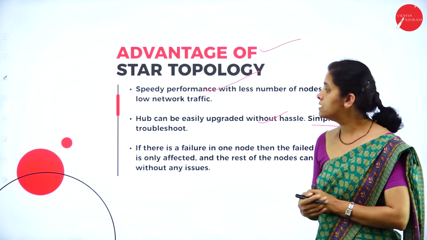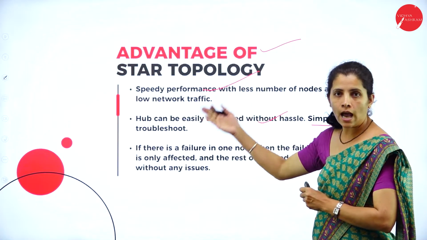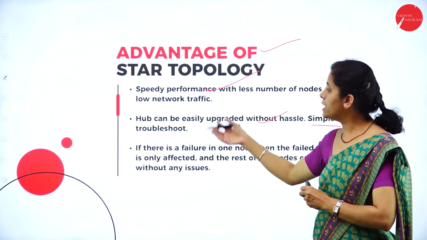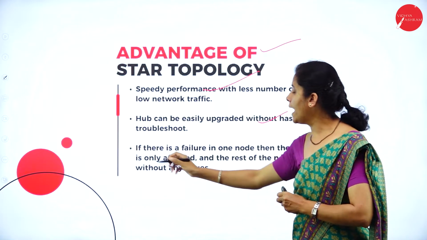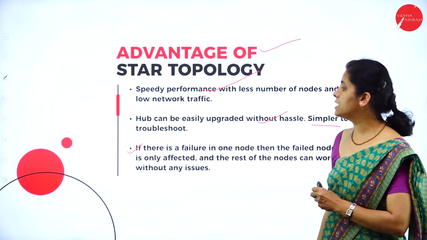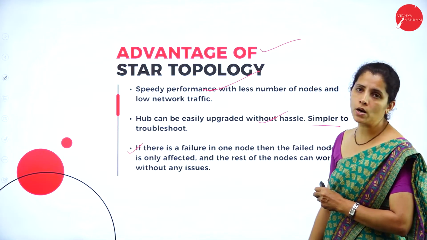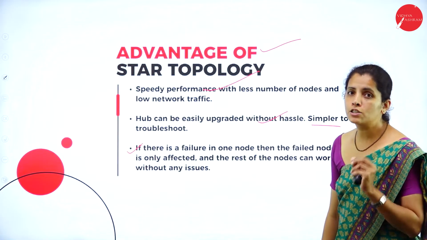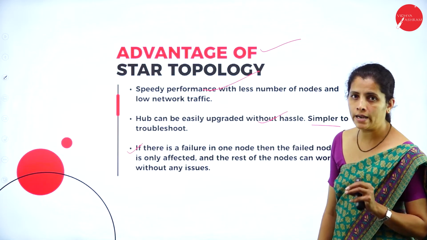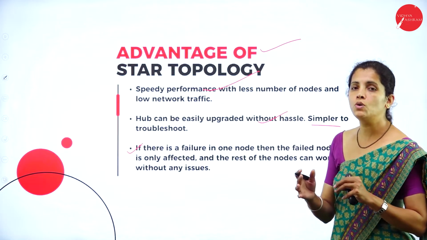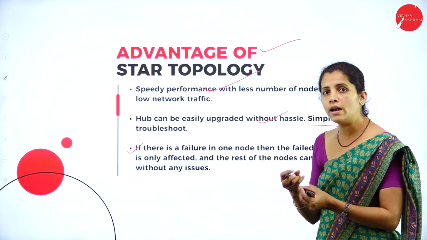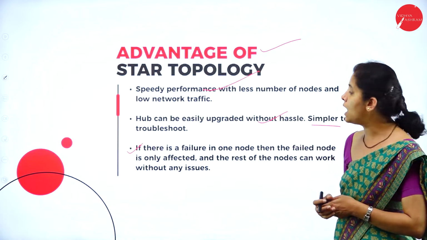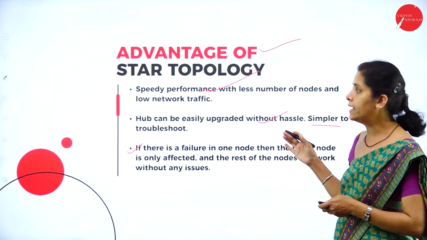In the sense, in star topology, it is very easy to troubleshoot. Another advantage: if there is a failure in one node, it does not affect the whole network. There is no connection to the neighboring nodes, so failure of one node does not affect the other nodes in the network.